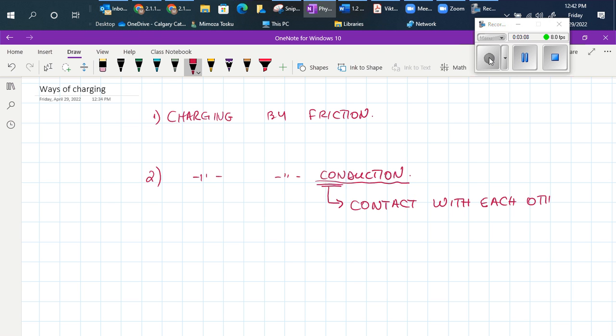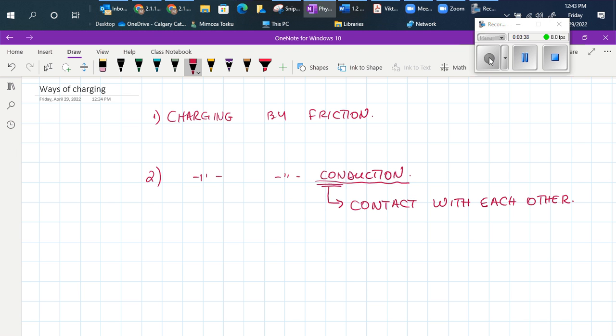Recall that a conducting material is a material that allows electrons to move freely. So you can see charging by conduction when two objects are touched together, or when the two objects are connected with a conducting wire.